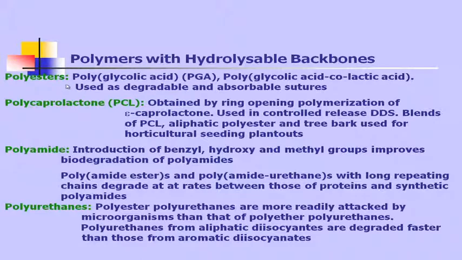Again, typical examples of hydrolyzable polymers are polyesters, say polyglycolic acid, this is a synthetic polymer, and poly(glycolic-co-lactic acid) is a copolymer. These are used as degradable and absorbable sutures.